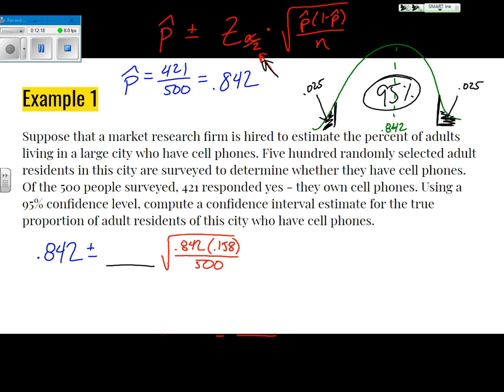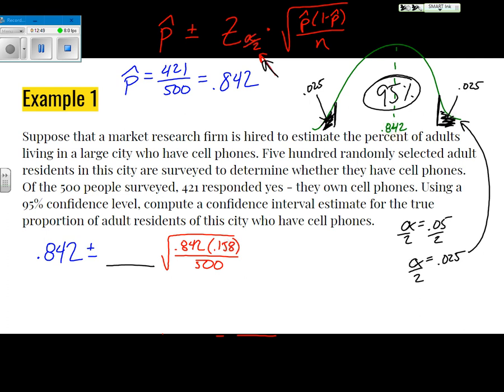This alpha over 2 just means that if I'm doing a 95% confidence interval, my alpha is 5%. That's how much area I have over here in these tails. And so if I divide that by 2, I get 0.025. So this alpha over 2 just means I'm going to use the area from one of these tails.